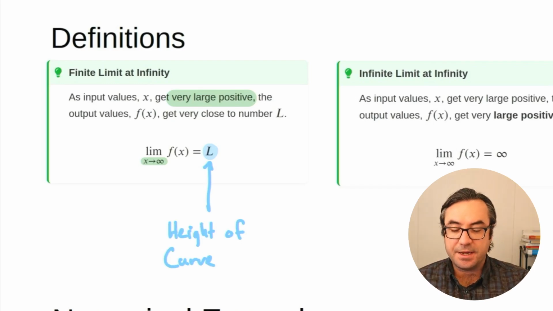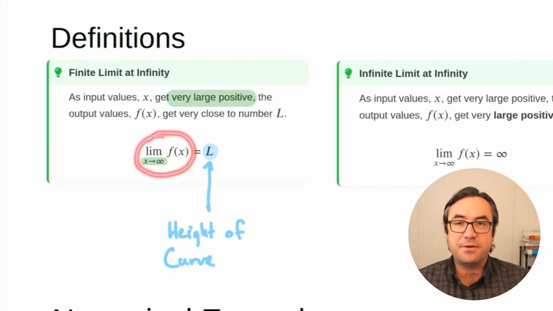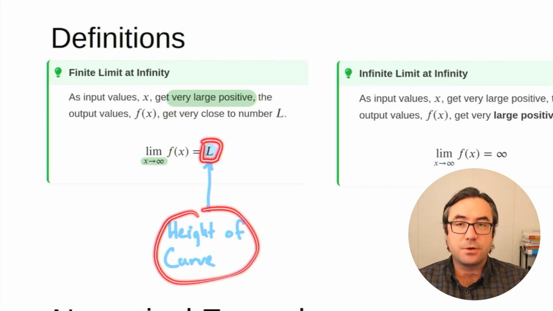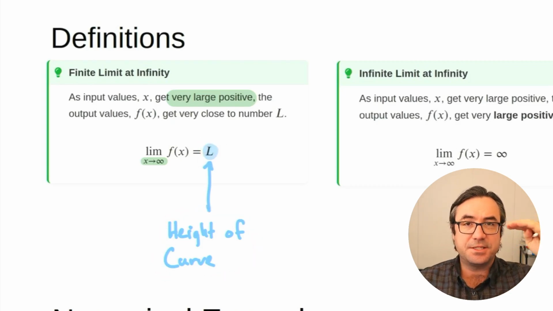So what we're seeing is that as x gets larger and larger positive, if we write that the limit of f of x as x goes to infinity is equal to some number L, what we're really saying is that the height of the curve is getting closer and closer to that specific height. And we'll see what this looks like graphically.